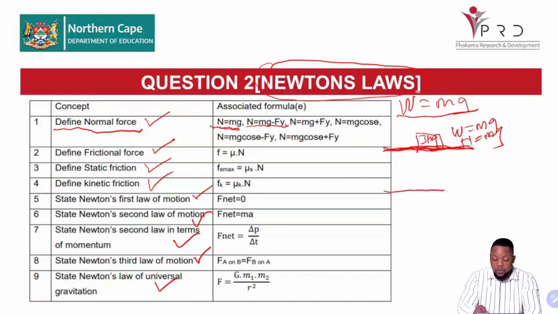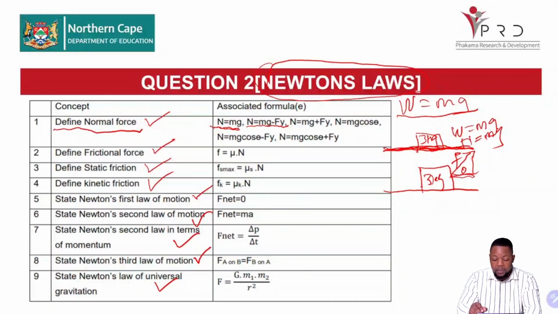So when do we use it? We can have an object on a horizontal surface, that is our 3 kg, but this object, we find that it's being pulled by a force at an angle. So this force that is pulling this object at an angle has two components. That is the vertical component and the horizontal component.